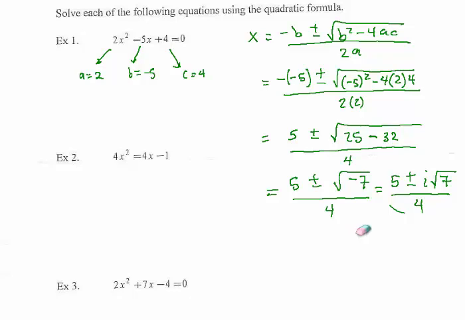If we wanted to, we could split this apart into 2 different solutions. And with this solution having an i inside of it, these are going to be complex solutions. So on one hand we have 5 plus i square root of 7, and then we could separate the 2 parts on the top, dividing each of them by 4.